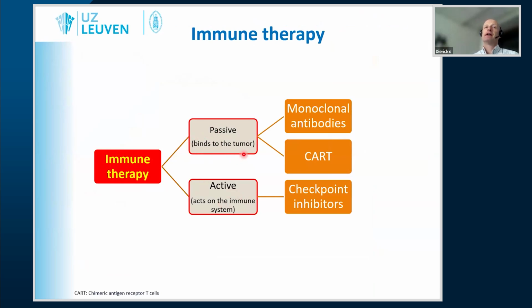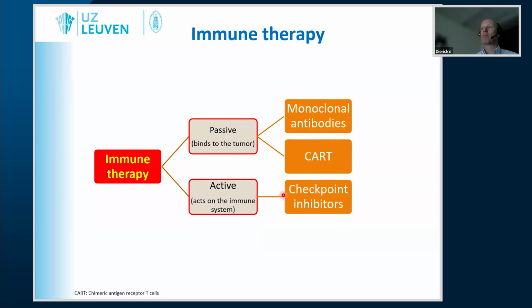Passive means that something binds to the tumor and then in one way or another attracts the immune system or modulates the immune system. Typical examples are monoclonal antibodies and CAR-Ts. And then you also have the active immune system, where actually you give something that acts on the immune system itself. So there's no binding to the tumor, it acts on the immune system itself.